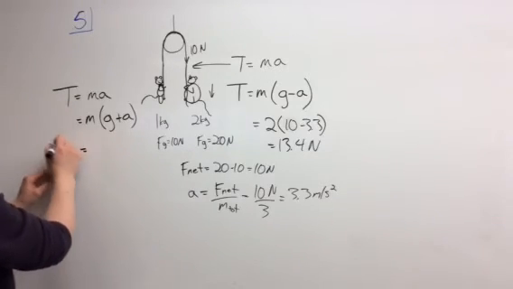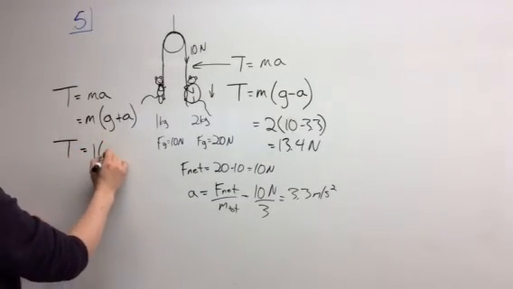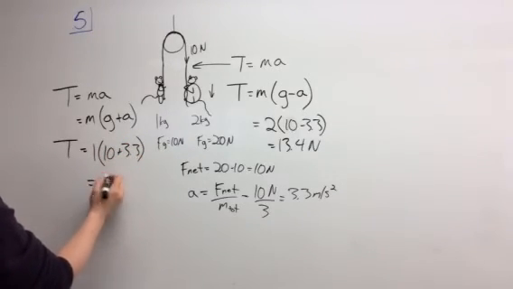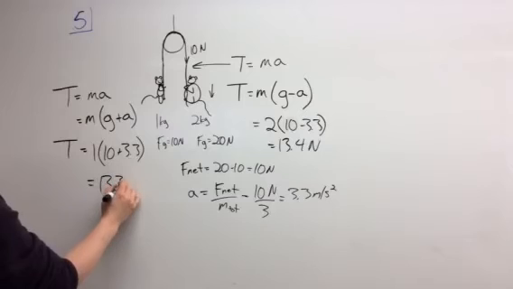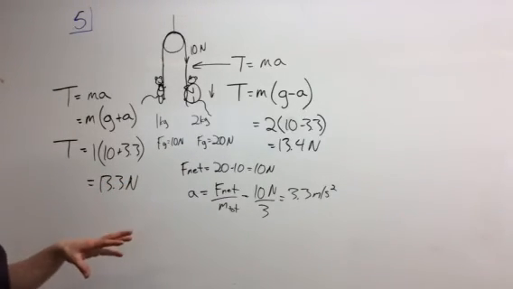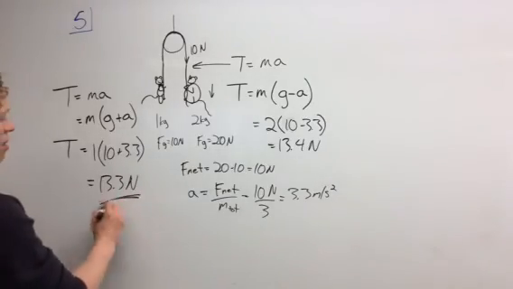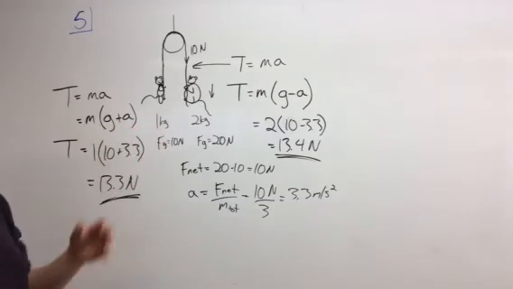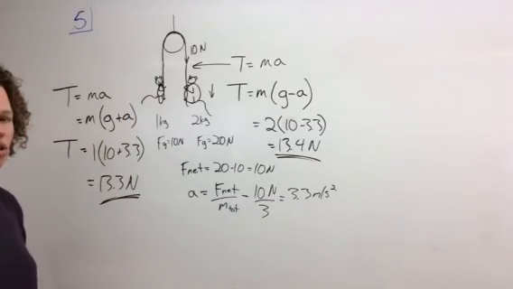So the tension for this guy would be 1 times 10 plus 3.3, which is just 13.3 newtons. So given room for significant digits, this number is the same as this number. So it doesn't matter which of the bodies you pick to calculate your tension from.